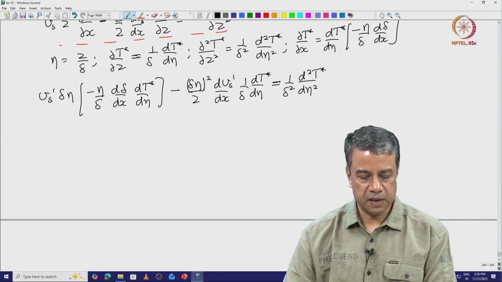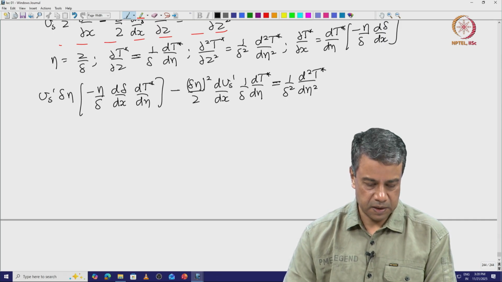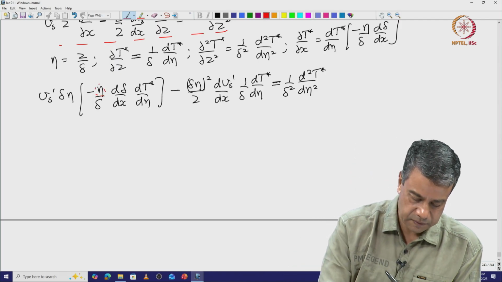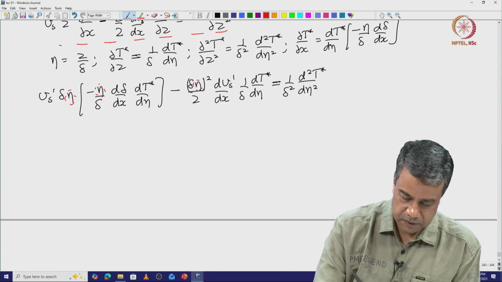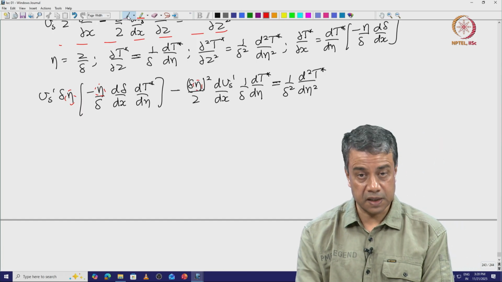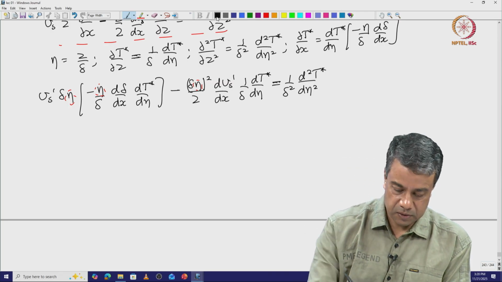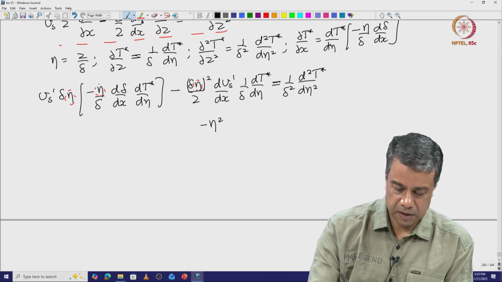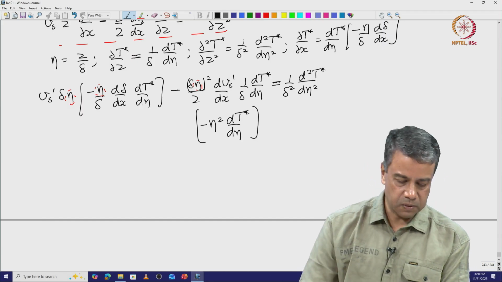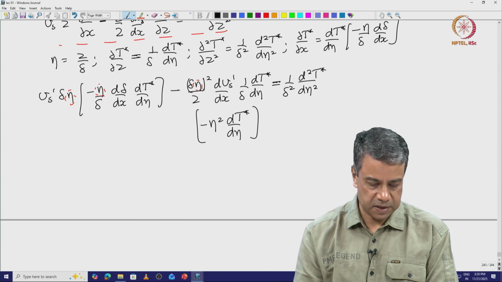Multiply throughout by delta square and collect terms. You can easily see that there is an eta square multiplying each of the two terms, and there is a negative sign. I can collect those together to get minus eta square dT by d eta. This whole thing into a factor in front. And what is that factor?